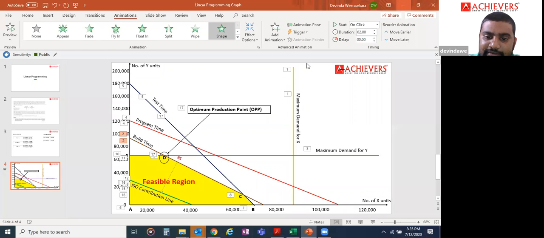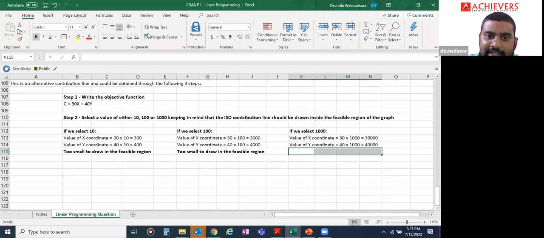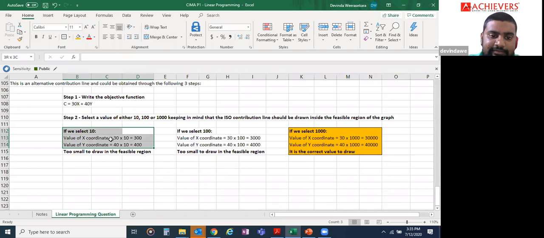Clear? So therefore, we will say it is the correct value to draw. It is the correct value. So we select the value of 1000. Clear?